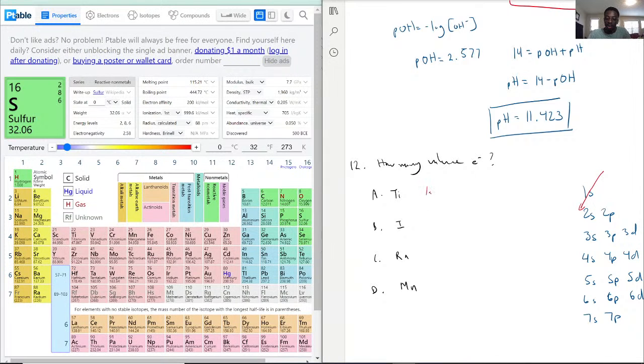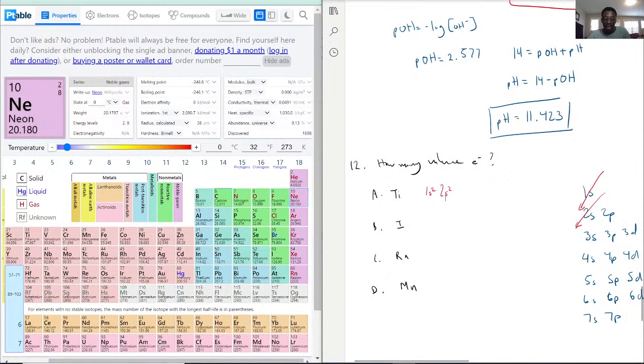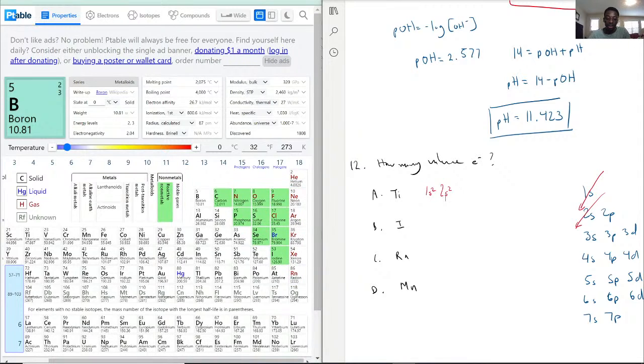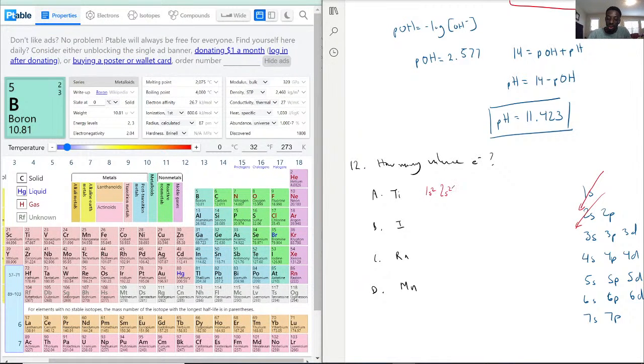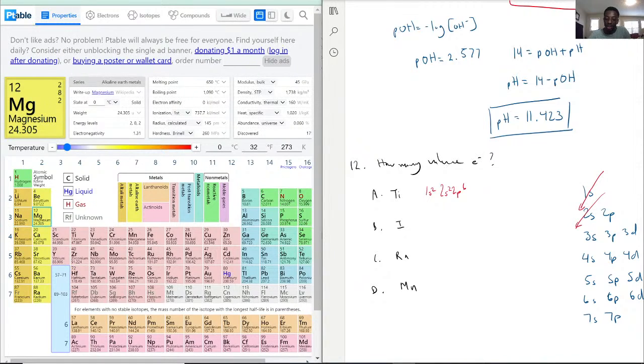So titanium is 1s2, and then we keep going. So lithium and then beryllium, that would be now 2s2 complete, and we just keep counting through. Boron through neon, now that's your p subshell, so that would be 2p6, and sodium through magnesium, that would be 3s2, so this is completed.